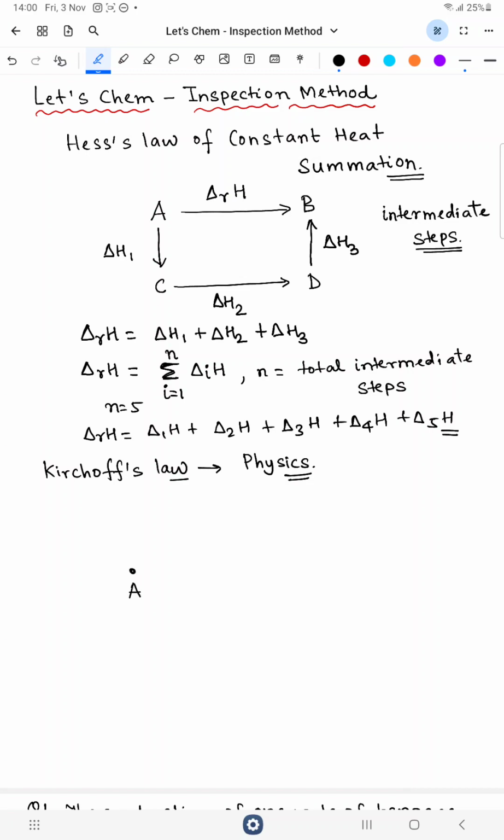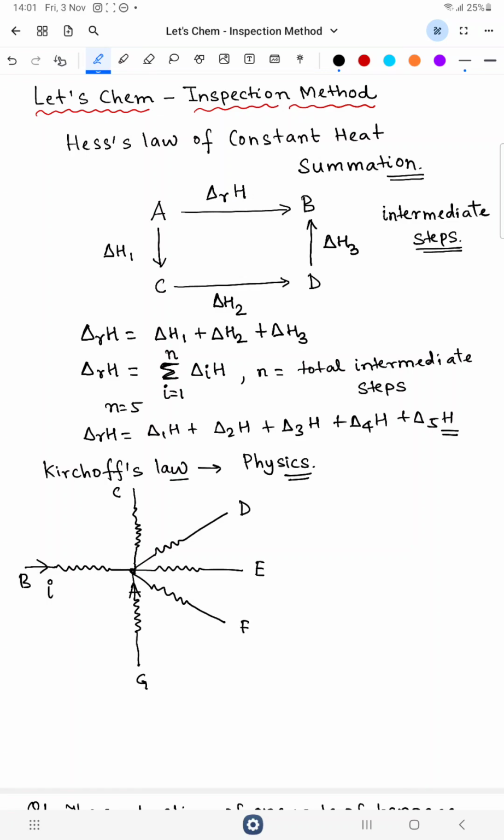Not exactly the same, but comparatively the same. So there is a node, let's say A. From B to A, the current going is current I. After going to this node A, this current gets distributed in different branches, such that the current moving in this direction is I1, this direction is I2, this direction is I3, this direction is I4, and this direction is I5.